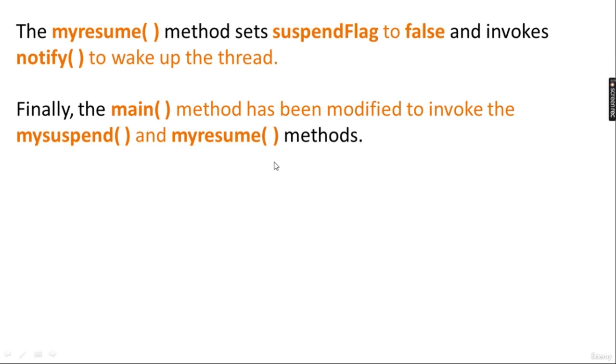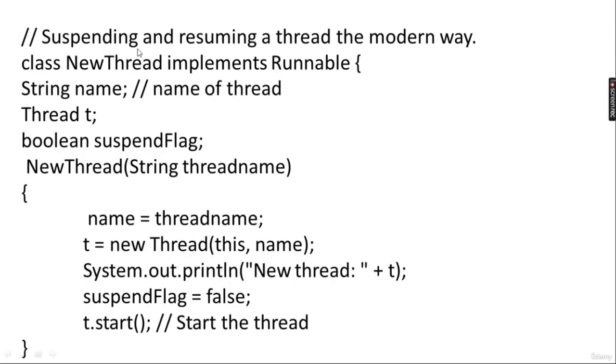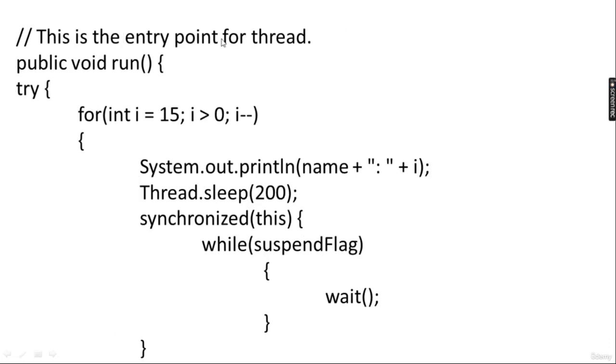Now, NewThread implements Runnable. This is the class. Then String name, the name of the thread, Thread t, and suspendFlag. This flag we have added in this program. Then suspendFlag is initialized to false in the constructor and the thread is started. This is the entry point for the thread, public void run.